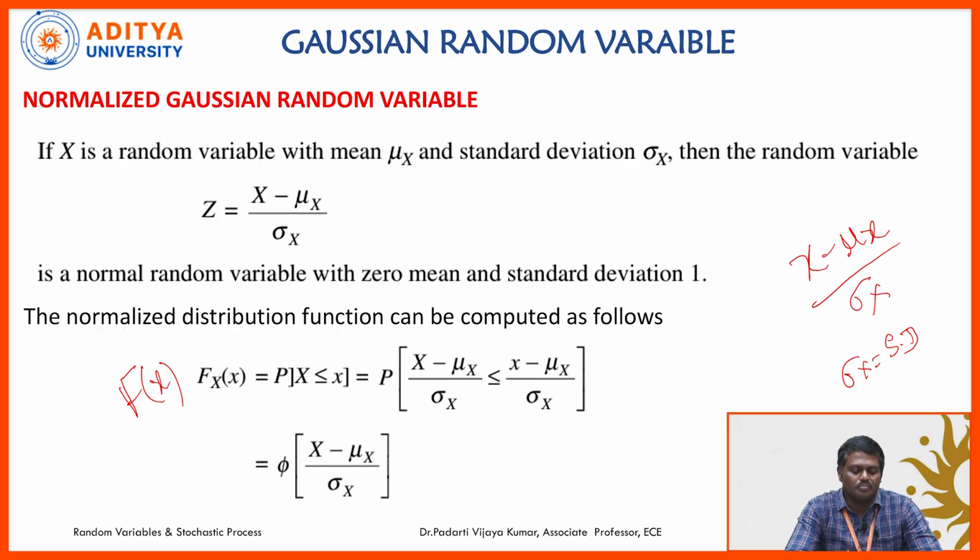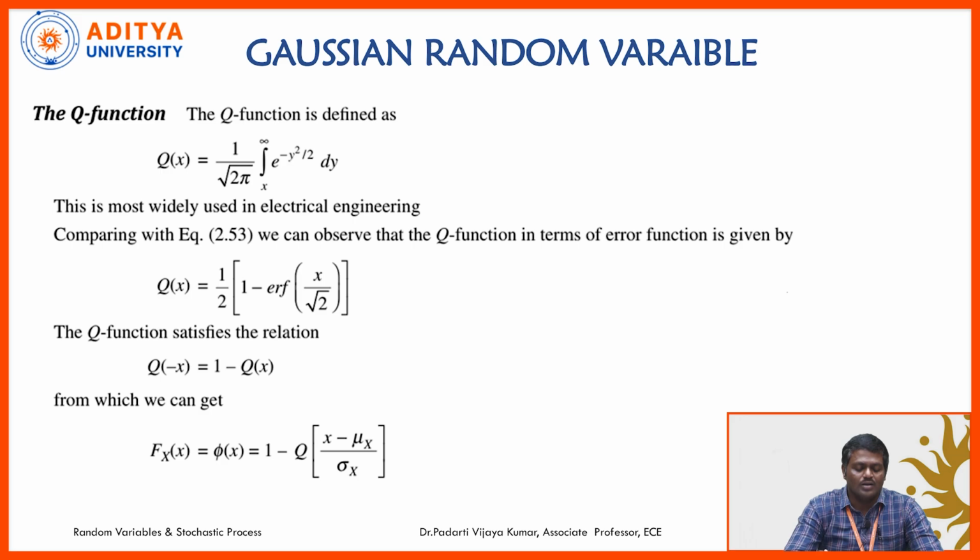Now we will compute this with the help of special functions. So Φ((x − μ_X) / σ_X), because of that the function is reduced, which is close to a Q function. Now the new function will be very close to a special function. With the help of this special function, we calculate the integration, or we calculate the distribution function values.